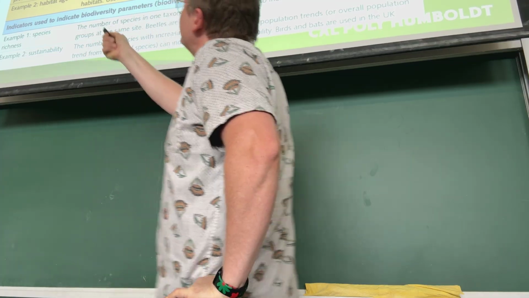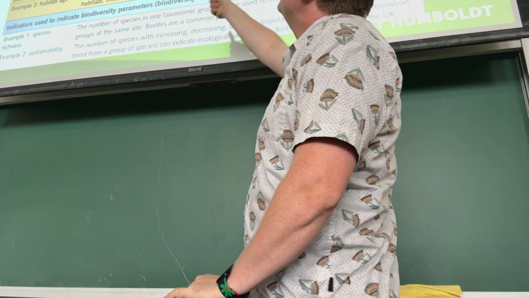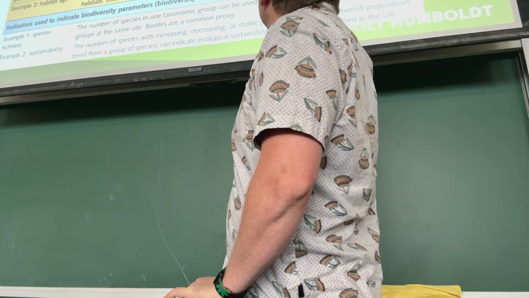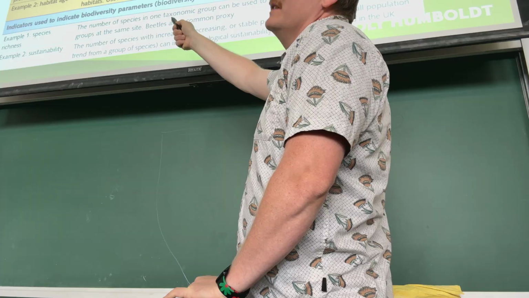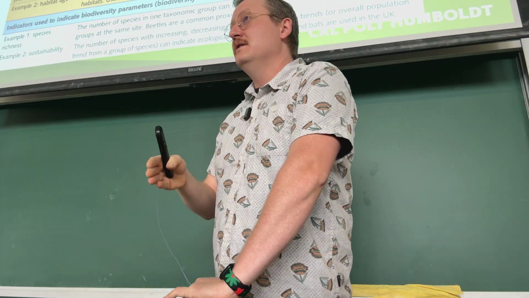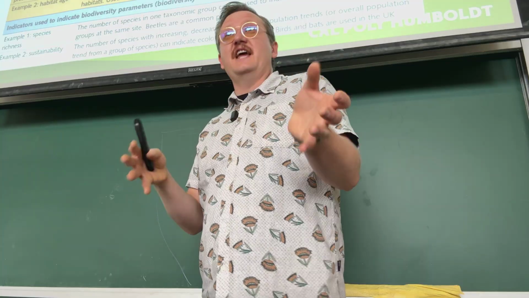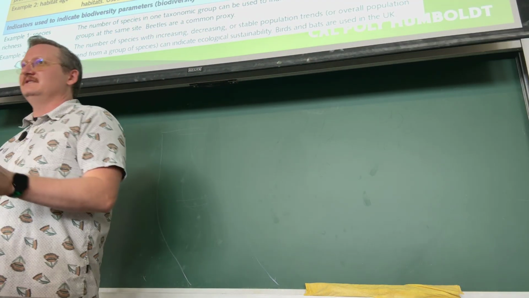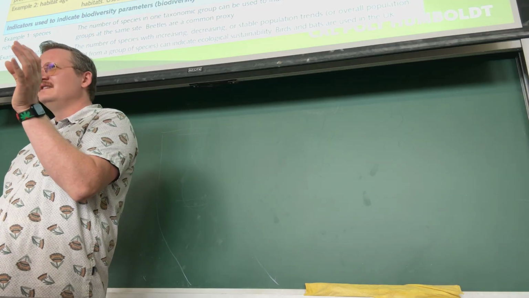For oxygen levels, if you see species that can tolerate low levels of oxygen, and you couple that with the absence of species that require high oxygen levels, that would indicate that the oxygen levels are probably low, because the conditions have changed so that only the species that tolerate low oxygen are present. Does that make sense? Cool.